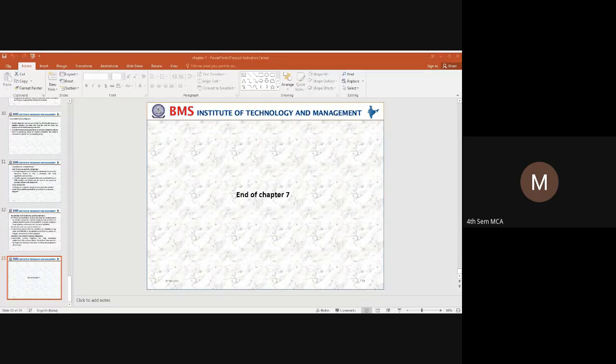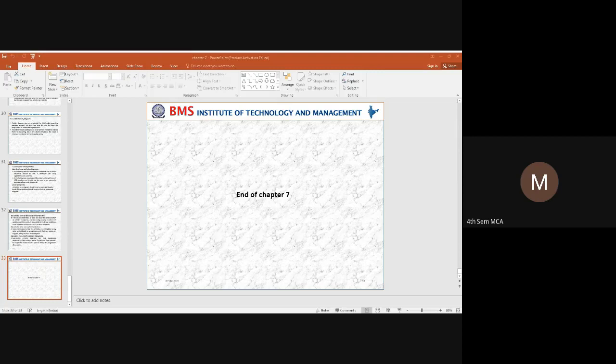Draw the use case model, sequence model, and activity model for the mobile recharge.